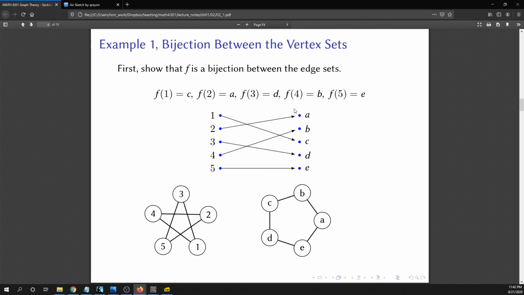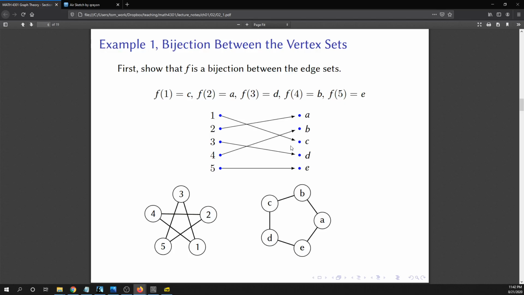So there's the arrow diagram, and if you have this little arrow diagram, it's really easy to tell whether a function is a bijection. We can see that it's onto, because for every element over here in the codomain, there is some element in the domain that maps to it. There's an arrow coming into each one of these, so that means it's onto.